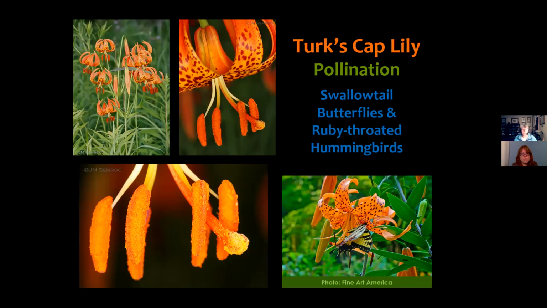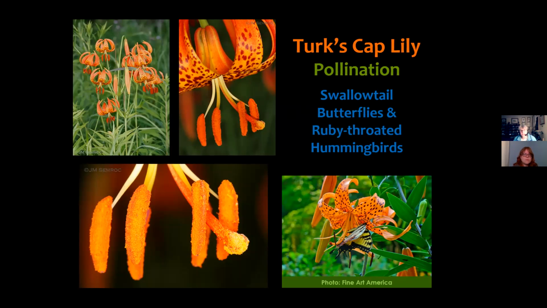So, for example, the Turk's cap lily, the nectaries are way up in here, and since it's a flower that faces downward, the pollinators have to get their little tongue up in there while they rub on the body, on all of the pollen that's on here. They need to get their tongues up in here in order to sip from the nectaries.